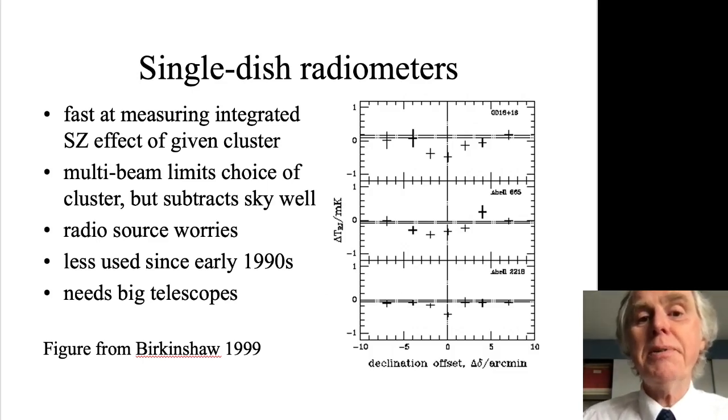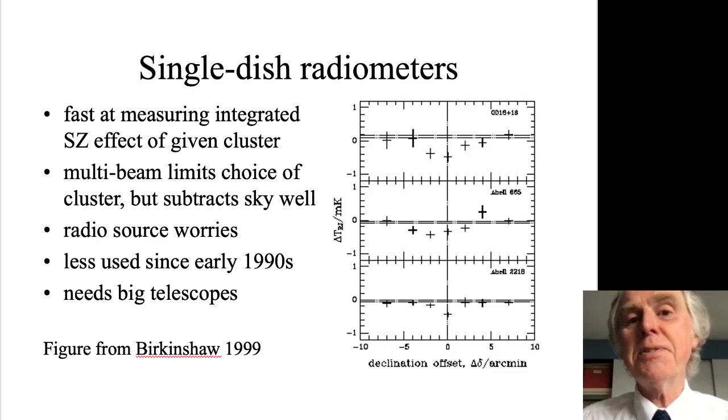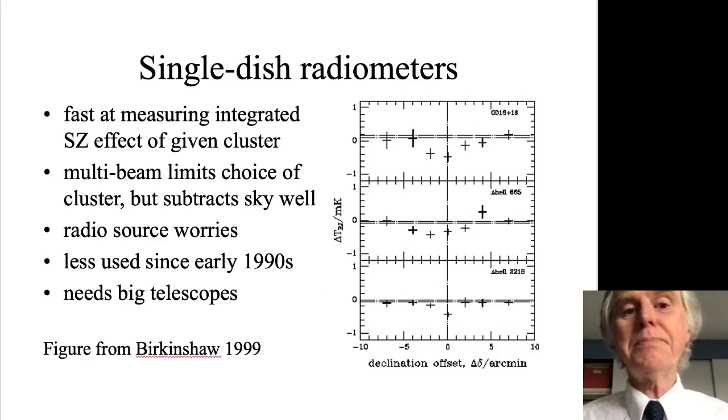The plot on the right shows a figure from a paper I published showing 3 clusters of galaxies where the SZ effects are shown to be coincident with the X-ray centers of the clusters and not necessarily the optical centers, which are indicated by the vertical black line.